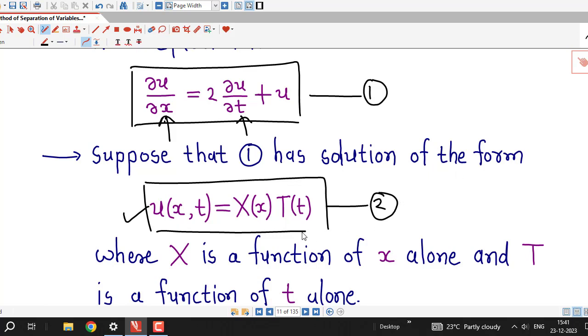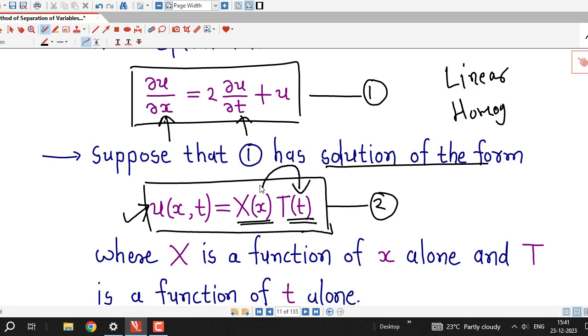All we have to remember is that this method is applicable for homogeneous and linear partial differential equations, and we start with the assumption that the solution is always in product form. The number of functions in the product will be equal to the number of independent variables in the given equation. Here in the given equation we have two independent variables x and t. Therefore our solution is the product of functions of x and t.